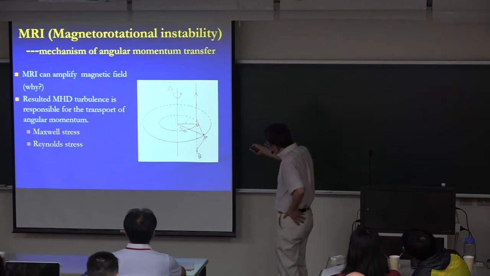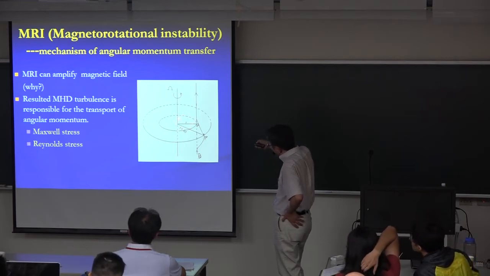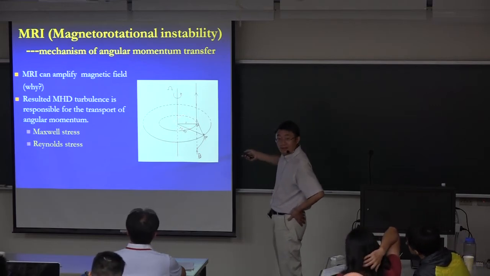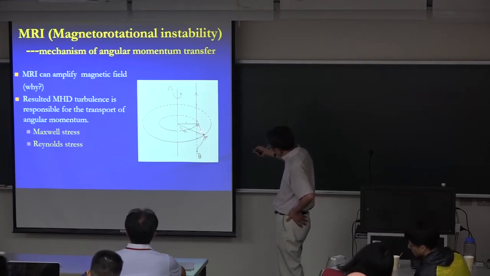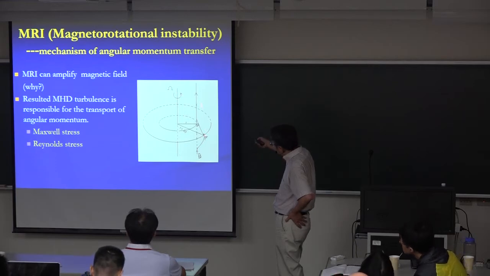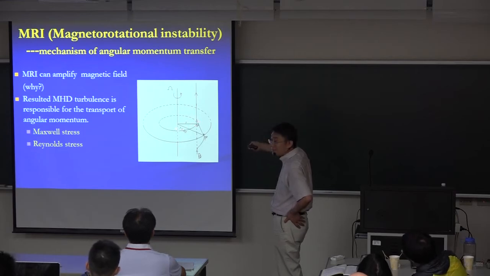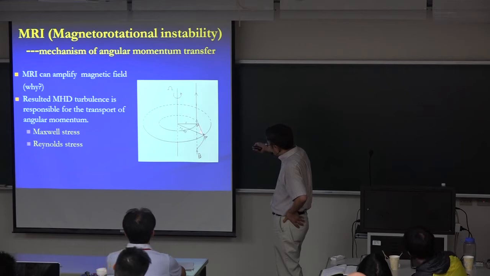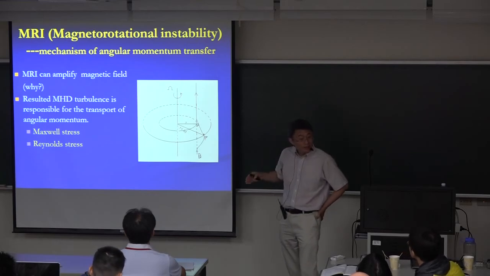At this location, the centrifugal force is balanced by the gravitational force. However, when the magnetic field line is perturbed to this radius, because the field line is still rotating at the angular velocity of the original radius, the centrifugal force will become larger, right?